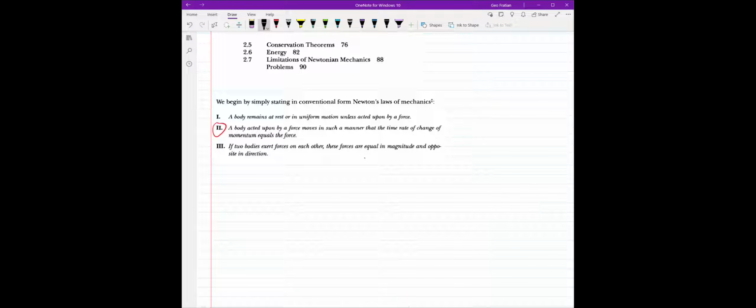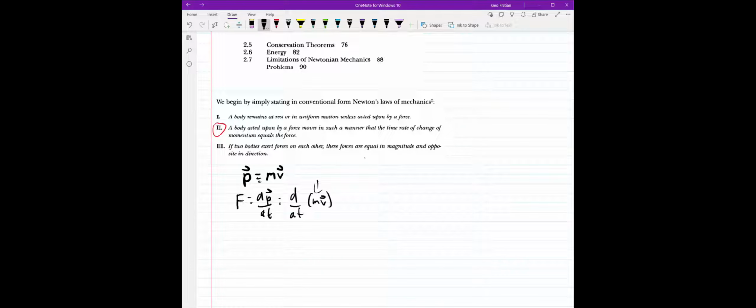In order to see that formulation for the second law, we have to define a quantity, which is momentum. Momentum is defined as mass times velocity. So then we can express Newton's second law as F equals dp/dt, which is equal to d/dt of mv.